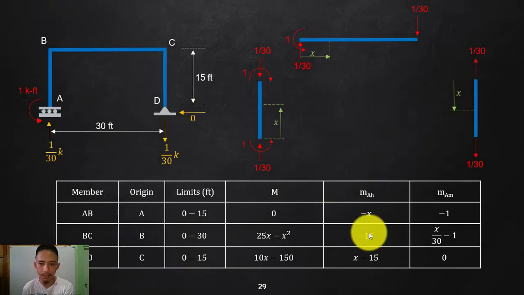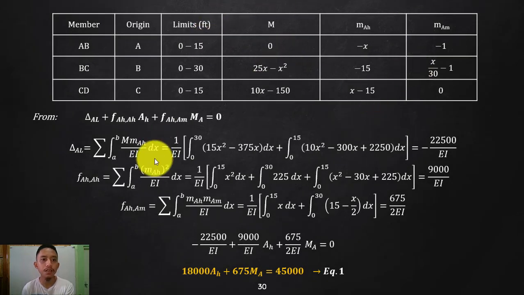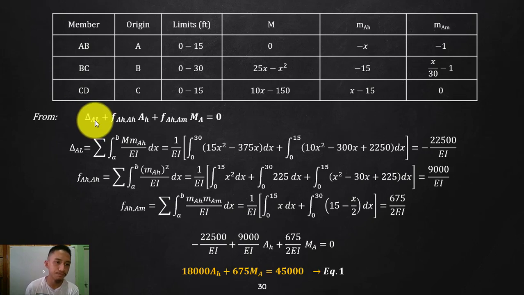I will just copy this table, so that's the table here. From the deflection equation that we established a while ago, your deflection AL is due to the actual load, isn't it? Due to the actual load.